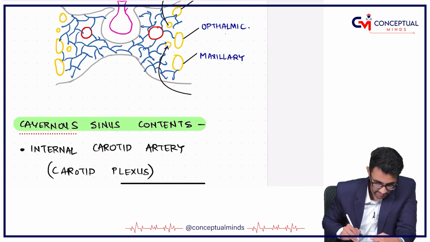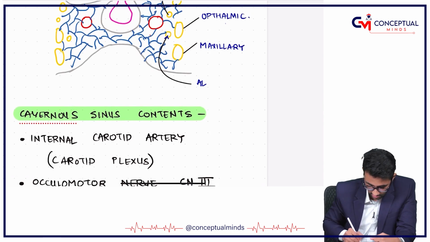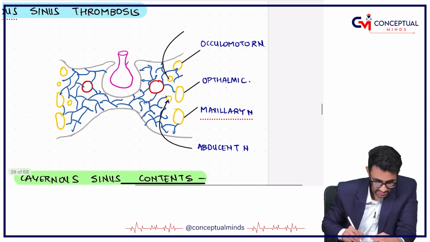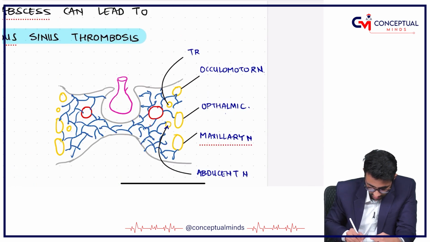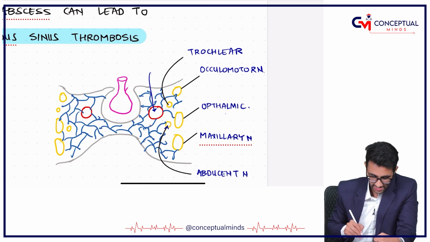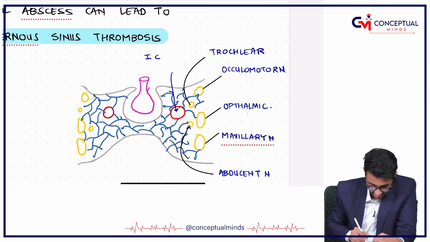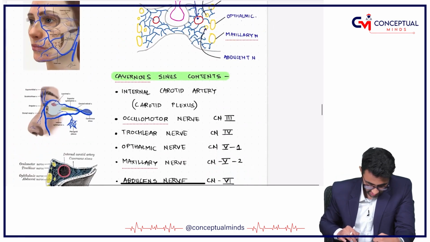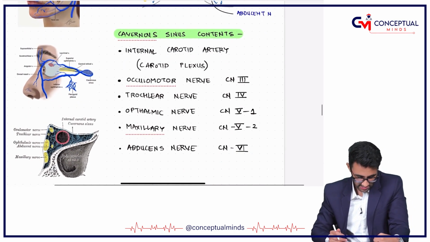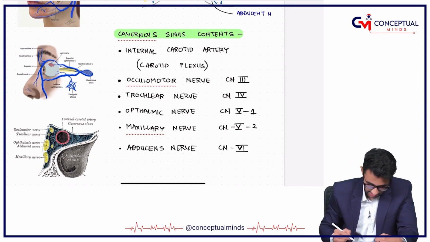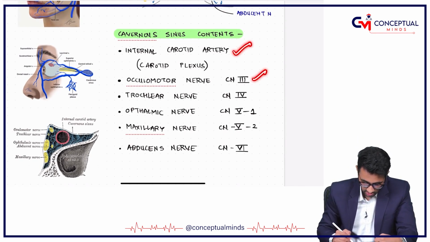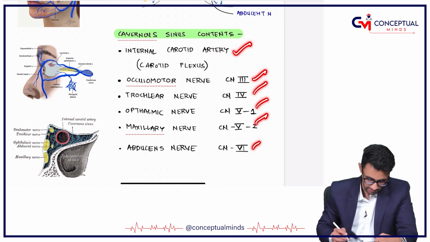The one right here is the abducent nerve, and right here is the trochlear. And what is this one? This is the internal carotid artery. All of these I mentioned here as well. The contents of the cavernous sinus are the internal carotid artery, oculomotor nerve, trochlear, ophthalmic nerve, maxillary, and the abducent.